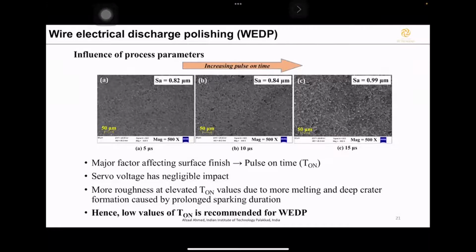Because as you go beyond a certain limit, the discharge energy will increase, and all the problems related to a thermal process may appear on the final component. So we did not want that to happen. So we moved in a very narrow window, and we tried to investigate the effect of current. So as you can see in the first slide, sorry, not current.